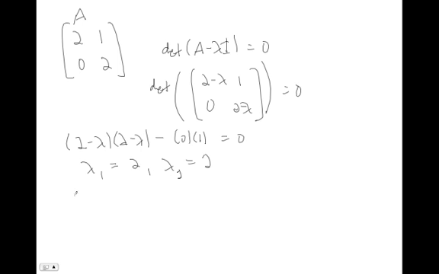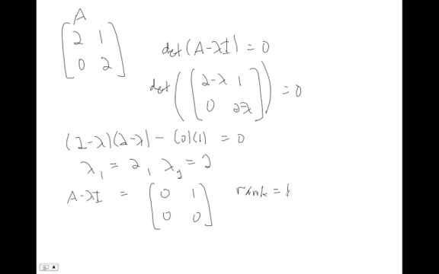So if I take this matrix now, A minus lambda I, where lambda is equal to 2, what do I get? I get this matrix. So 2 minus 2 is 0, 0, 1, and 2 minus 2 is 0. Last time we did this, we got the 0 matrix. But now we have this 1 sitting here. So this matrix is not rank 0.